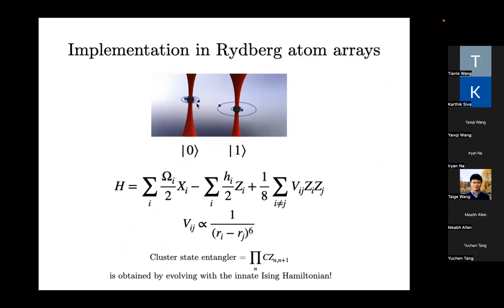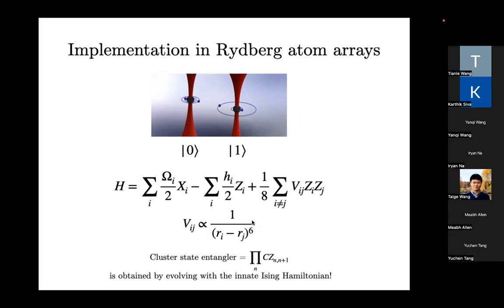You can think of it as a qubit, where 0 is the ground state and 1 is some very highly excited state, and this is driven by some laser, and then the effective Hamiltonian is like an Ising model with long range interactions. So you have this Ising ZZ coupling where the V decays as 1 over R to the 6th. And so this gives a very good approximation of nearest neighbor interactions.